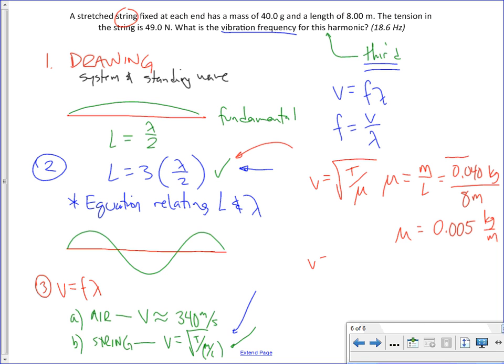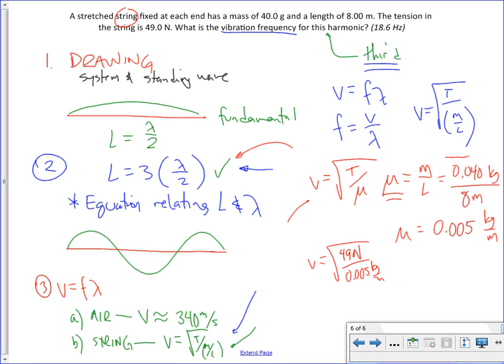Now, v is the square root of T, 49 newtons, over mu, 0.005 kilograms per meter. Now, do you have to do separate steps to find mu? Could you just do it all at once and use v equals the square root of T over M over L? Absolutely. I just want to show you that this is a way you see it a lot.